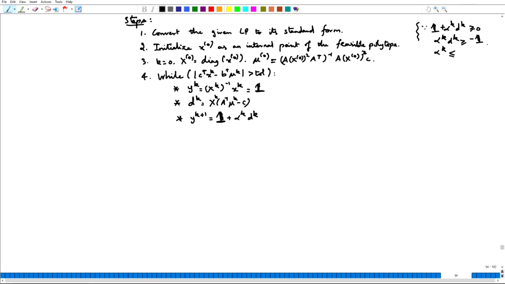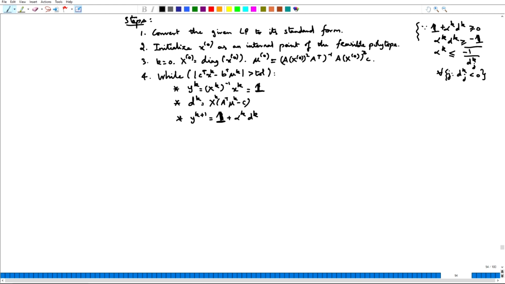So, these are vectors, minus 1 is a vector, dk is a vector. So alpha k must be less than or equal to minus 1 by dk j, for all j such that dk j is negative.